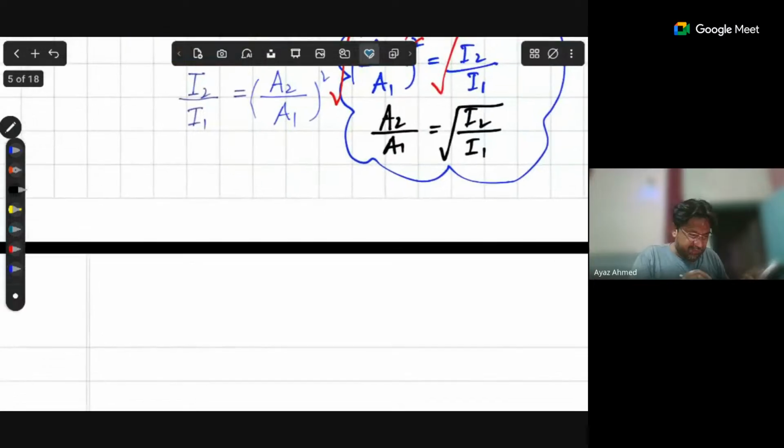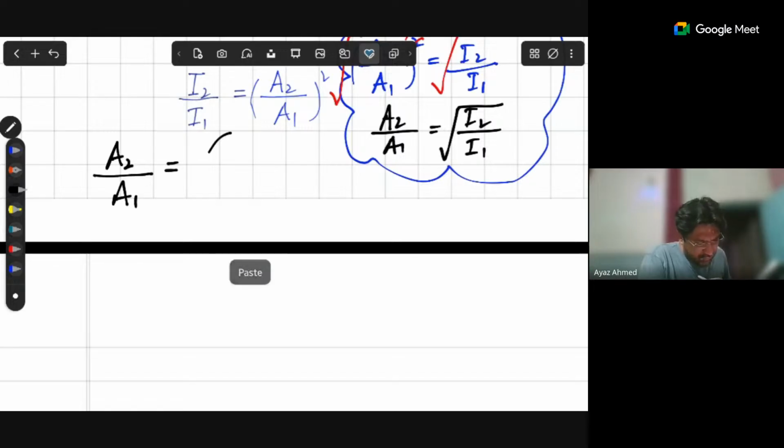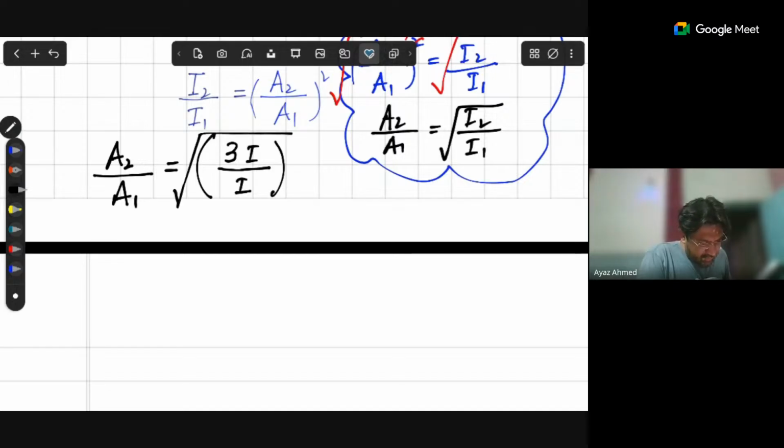Now I will calculate amplitude 2. Amplitude 2 divided by amplitude of wave 1 is equal to the square root of the intensity of wave 2, which is 3I, divided by the intensity of wave 1, which is I. So the I cancels, and amplitude 2 upon amplitude 1 is equal to the square root of 3.